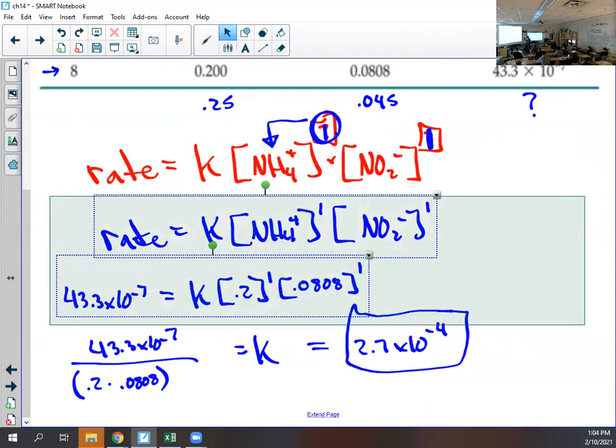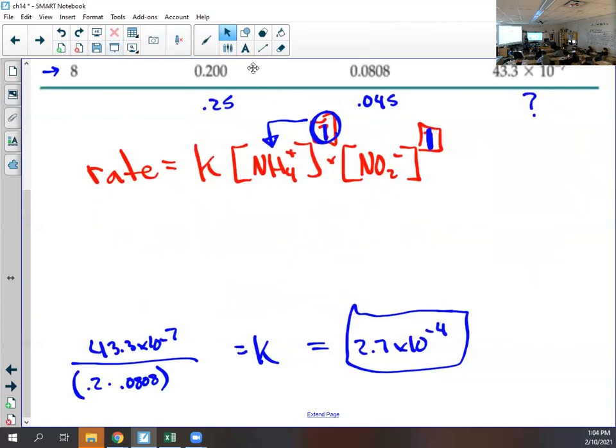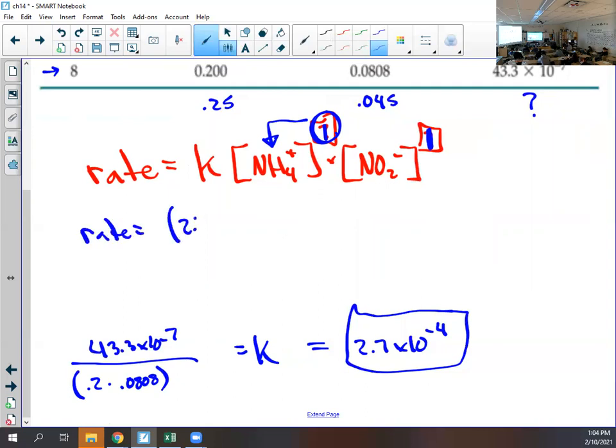Oh, 43.3 seconds. I mean, that function. You're confusing me with what you're saying.